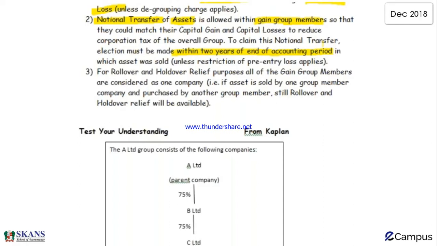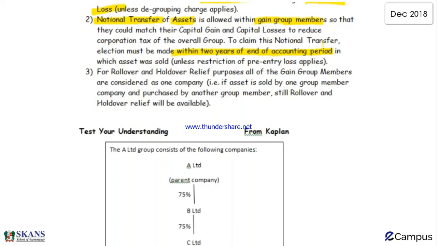So the first implication is there is no gain and no loss if there is an actual sale of assets within the gain group members. The second one is we can transfer any amount of capital gain or capital loss by making notional transfer of asset, by making just an election, so that gains and losses should be matched against each other. As you remember, capital gains and capital losses are to be matched against each other, and if there are any losses, they are to be carried forward against future net gains, and we never deduct them from total profits.